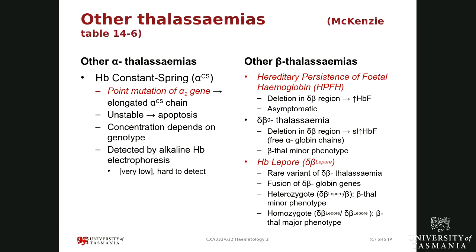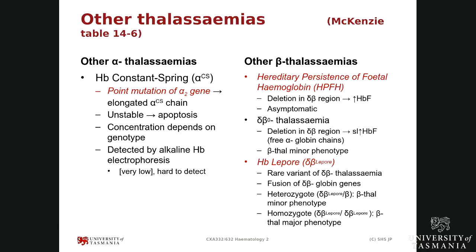What happens here is that we get an elongation of the alpha chain, due to additional bases being added to the end of the messenger RNA. The elongated RNA is very unstable, so it only produces a small amount of hemoglobin Constant Spring.